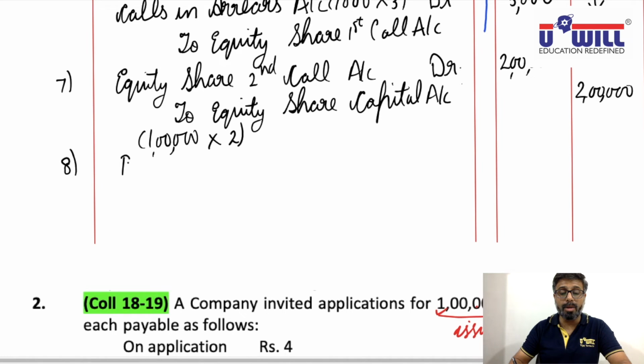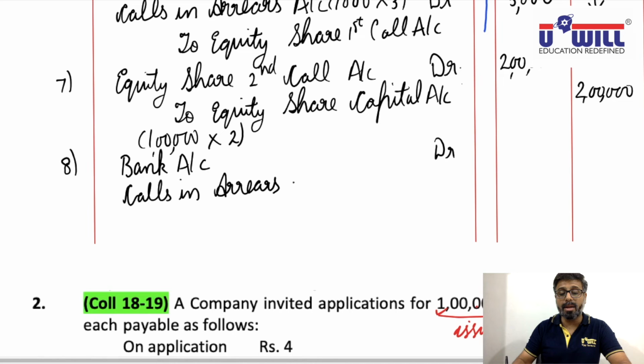What combined entry? Bank account debit with the money received. Calls in arrears account debit with the money not received. Bank is the receiver, debit the receiver; calls in arrears are receivable, debit the receivable.